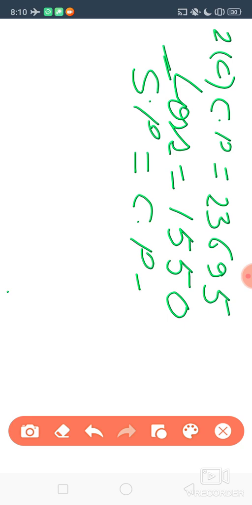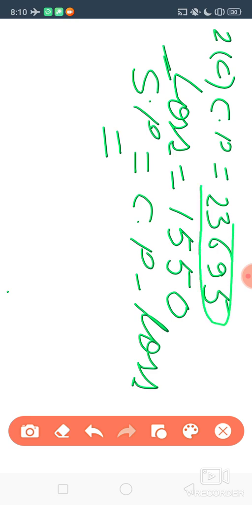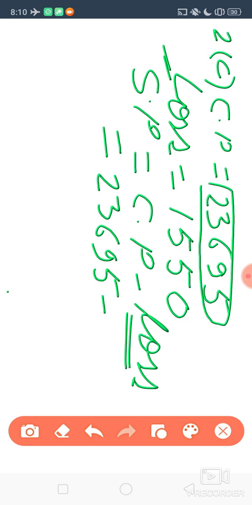SP is equal to CP minus loss. Now CP is 23,695. So in place of CP we'll write 23,695 minus loss. Loss is 1,550. So we'll write here 1,550.